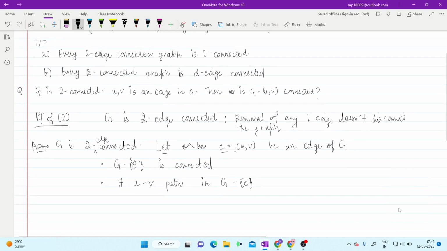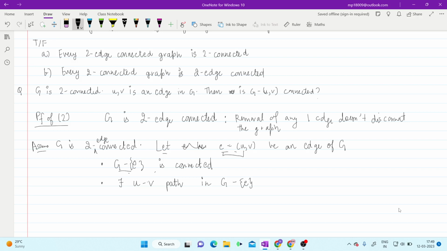So first of all we are assuming that G is 2 edge connected, and we are showing that every edge of G should lie on some cycle. So we picked some edge e equal to uv. Now we have to show that this lies on some cycle of G. Since G is 2 edge connected, we know that G minus e is connected.